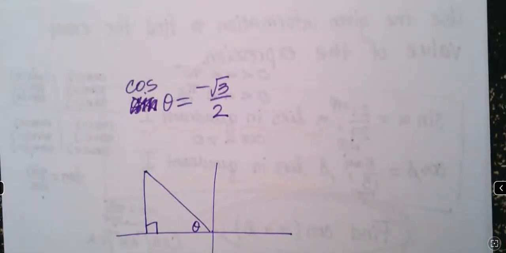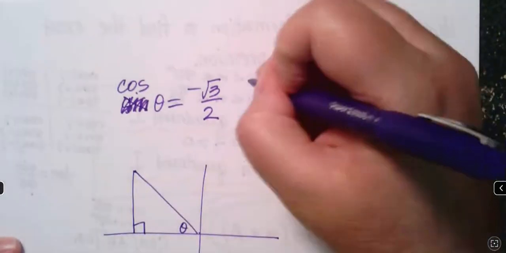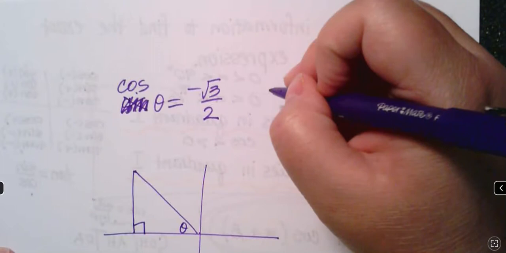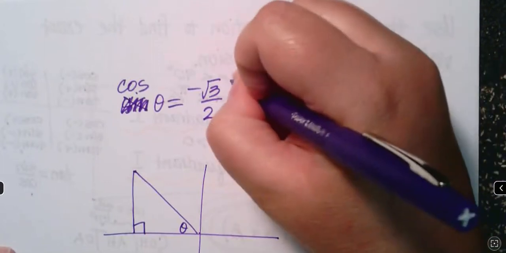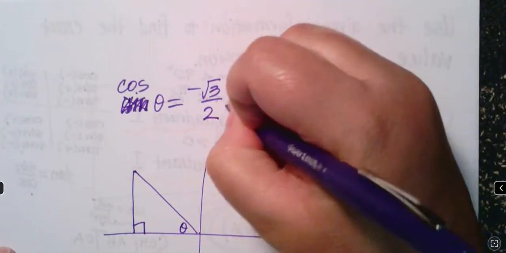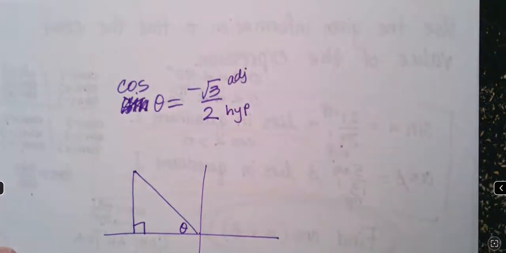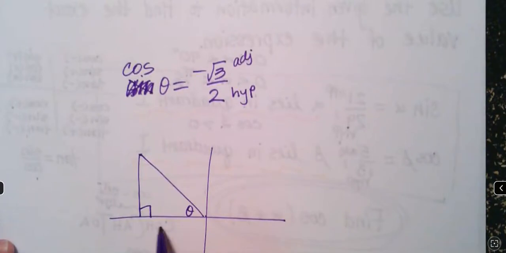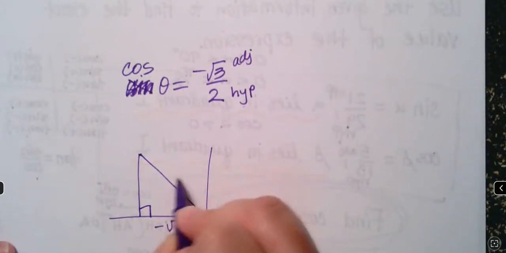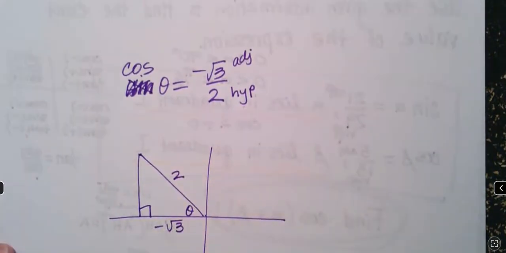If they told me that I had a negative cosine here, and we say, okay, cosine's adjacent over hypotenuse, thinking of SOHCAHTOA, then here's adjacent, here's hypotenuse. That one, I think you probably would have done that regardless.